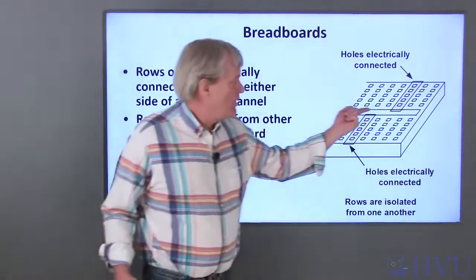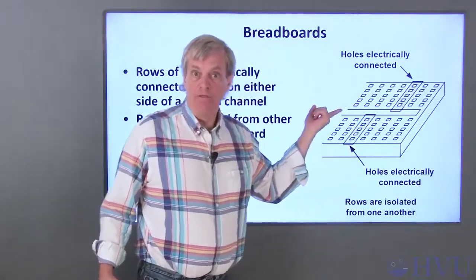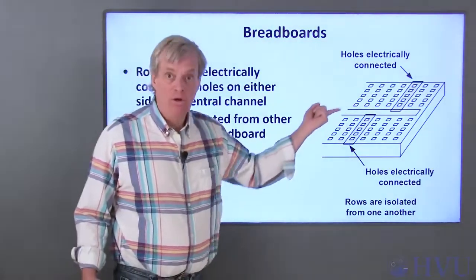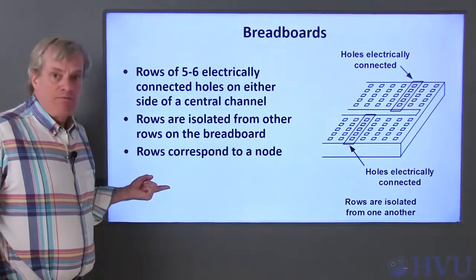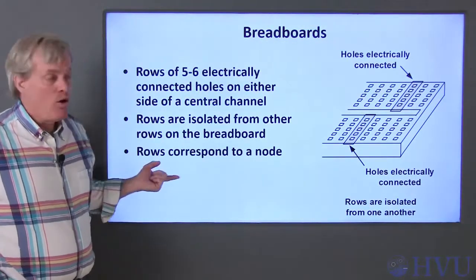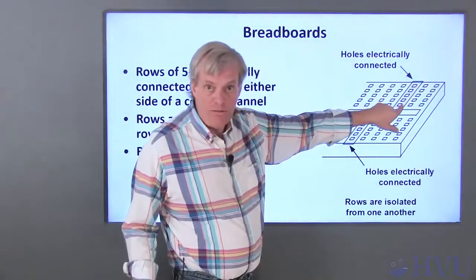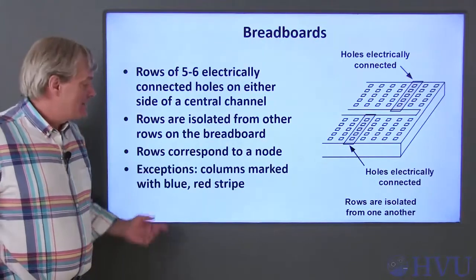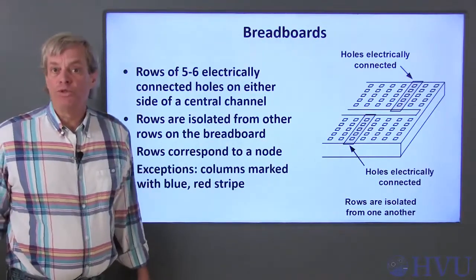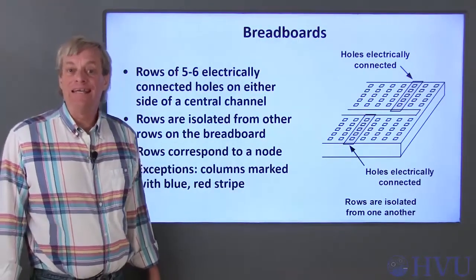Breadboards generally have one or more channels on them. The rows on either side of the channel will be isolated from one another. Since there's no voltage difference between the holes in a single row, each row of holes on the breadboard can constitute a node in a circuit. Exceptions are columns of holes that have a red or a blue line next to them.